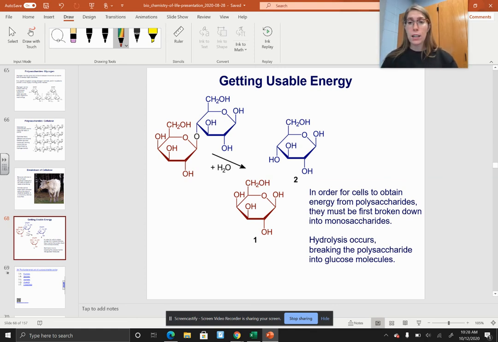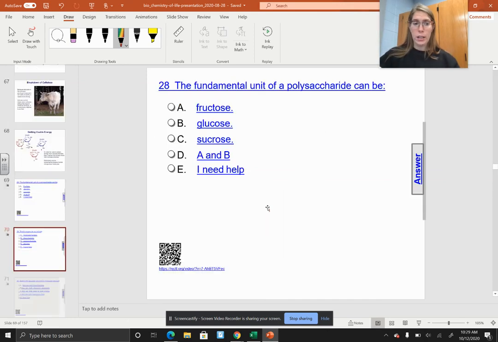Those polysaccharides, those starches, that glycogen has to be broken down into monosaccharides because your cells are just like, no glucose, no go. So hydrolysis happens. We add water to our polysaccharide and break it down into monosaccharides. Then those glucose molecules are able to enter the cell and provide energy.